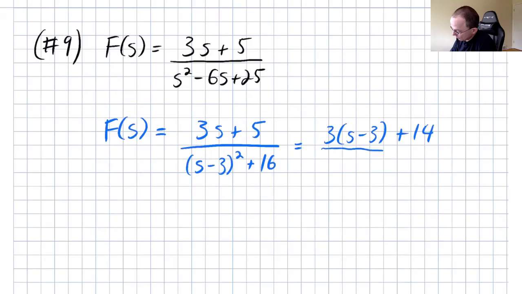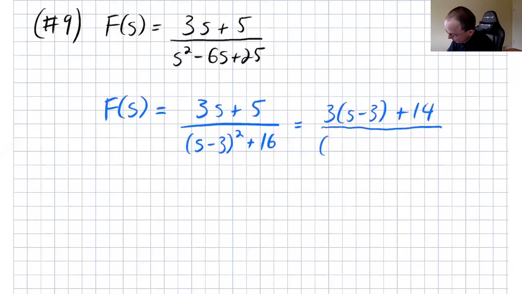So if you multiply this out, we get 3s, and then minus 9 plus 14, which is going to be 5. So it checks out. It's always good to go forward and then double check by doing the same thing backwards and make sure that it matches. And now we have the form that we want.